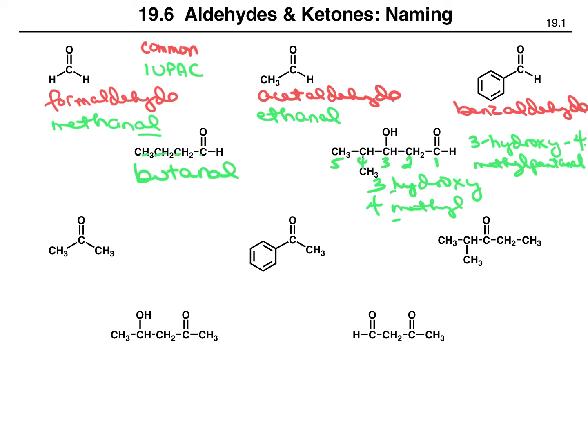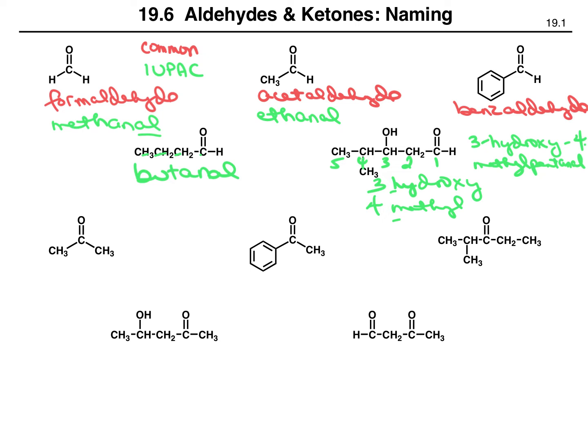There's a whole hierarchy of priorities. So, for example, an aldehyde has a higher priority than an alcohol or a ketone or an alkyl branch. So there are rules available, and you can use the book as a resource if you need it.